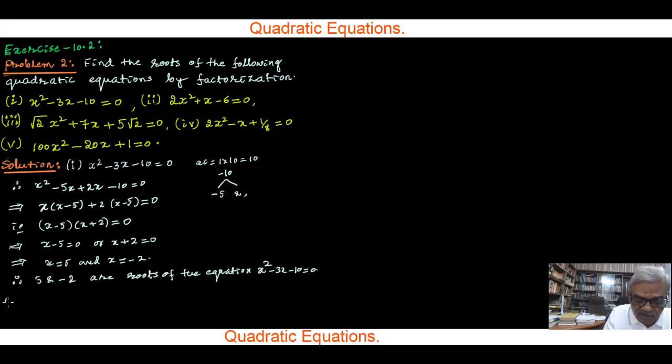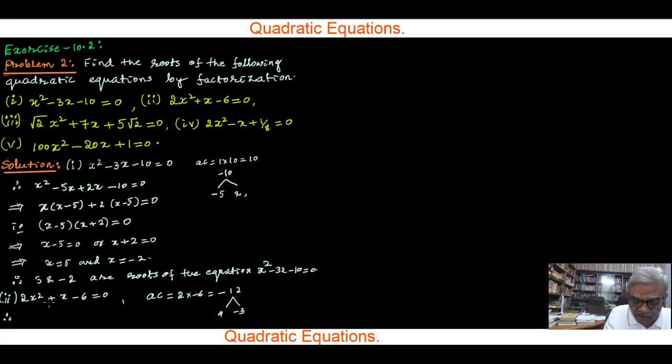Now I would like to consider the second example, 2x square plus x minus 6 equal to 0. Now AC equal to 2 into minus 6 is equal to minus 12. This minus 12 can be written as 4 and minus 3; 4 into minus 3 is equal to minus 12.